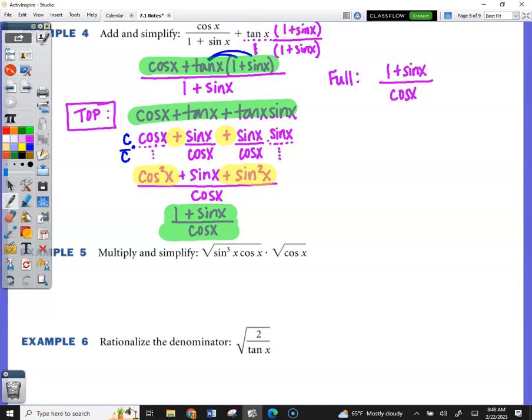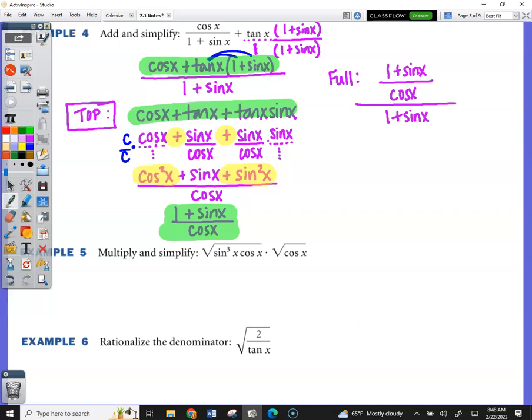Say to yourself, okay, that's in the top. I need a really big fraction bar. And what was in the bottom? 1 plus sine x. Don't complicate it. It's the foundational principle you learned in middle school. You can't divide fractions, you keep, change, flip.